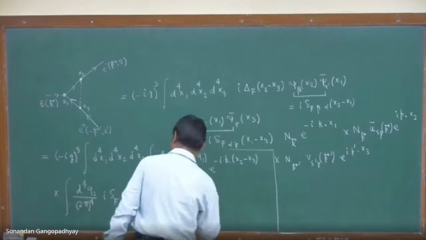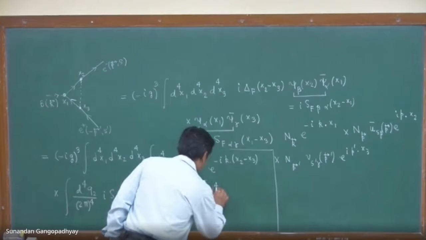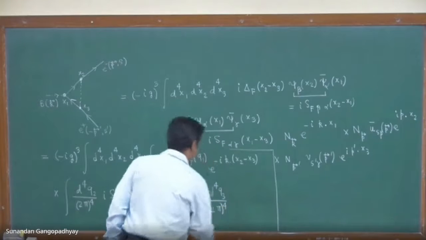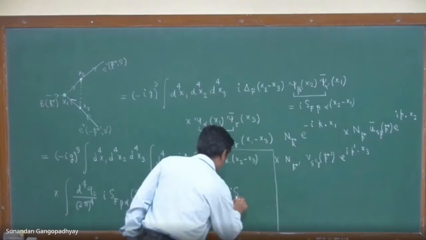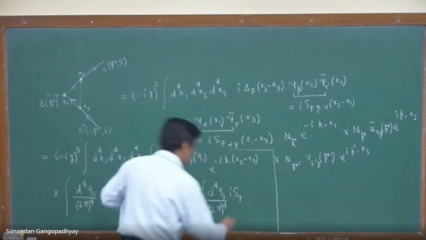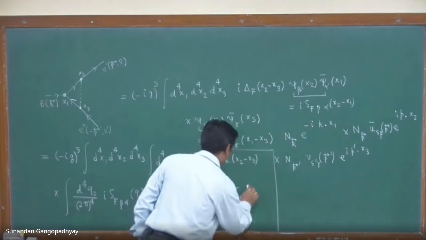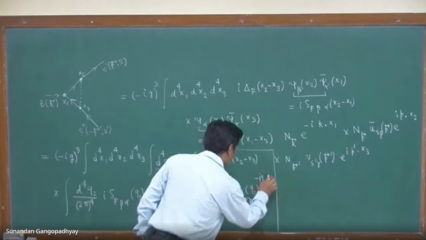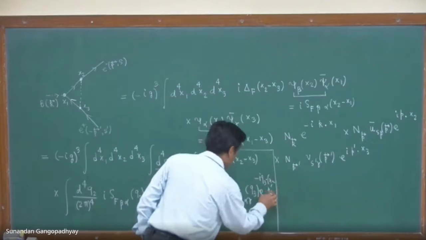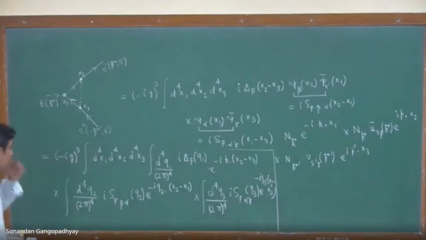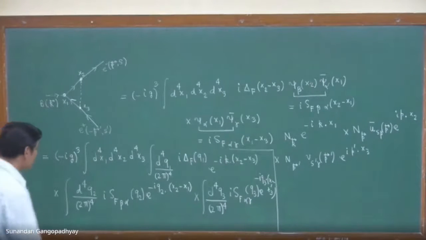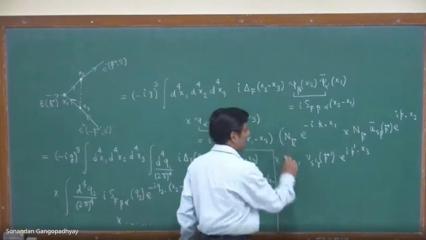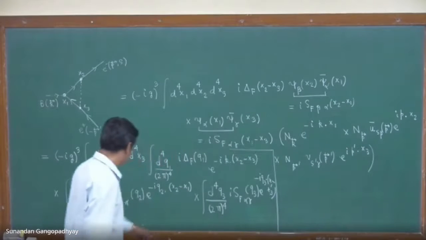This is for this one. We call that momentum Q. So this is what we shall have, times all the other factors that are written down here.